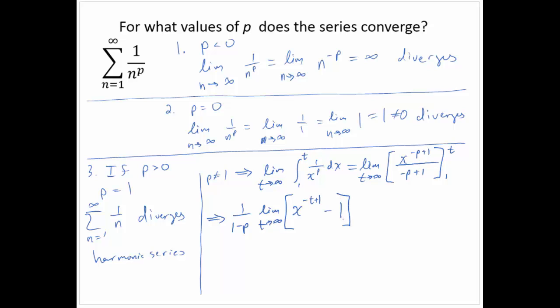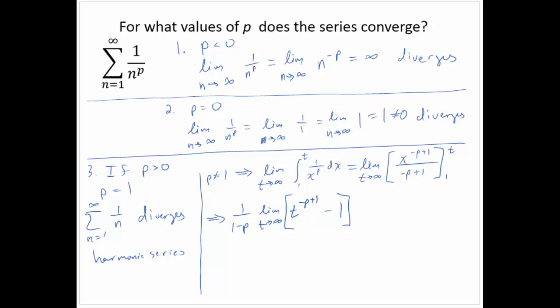All right, so now we just have to focus on that x to the negative p. Oh, and it shouldn't be an x anymore. I'm sorry, I made the substitution incorrectly. That should read t to the negative p plus 1. Sorry about that.